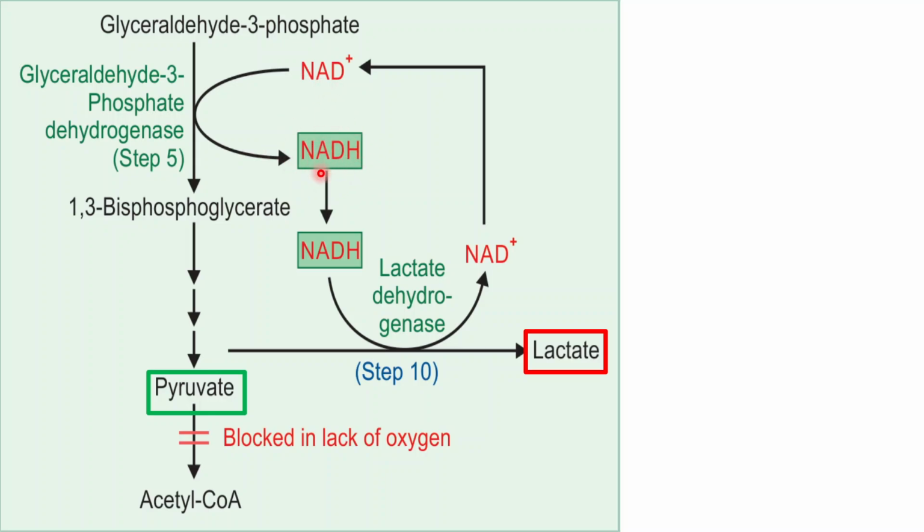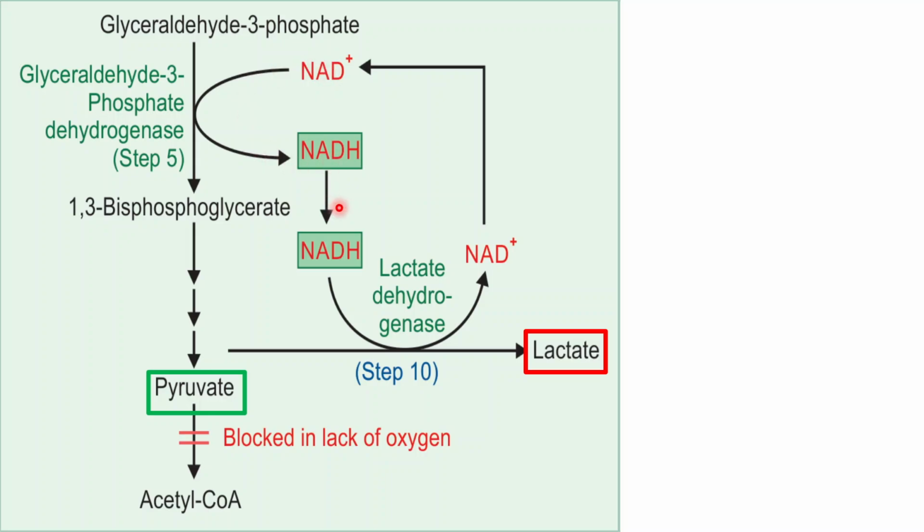Now the same NADH is utilized by the lactate dehydrogenase enzyme which converts pyruvate into lactate, and in turn this NADH is converted to NAD. Okay, so this NAD can again be regenerated into NADH. So this pathway becomes self-sufficient. NADH is being utilized, converted to NAD, and NAD then again gets converted to NADH.